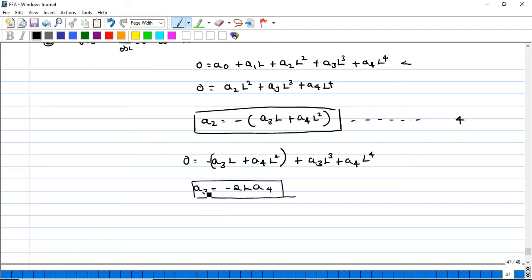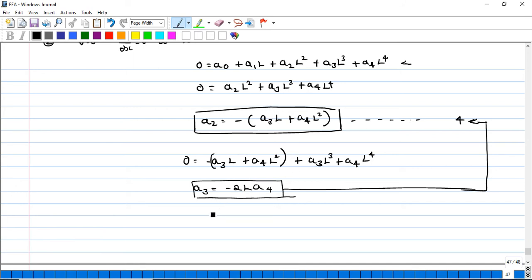And we know a3 now. If I substitute the same in the fourth equation, what is a2? a2 is equal to minus a3 L plus a4 L square. Now I was able to identify what is a3. Then I will substitute the same over here.